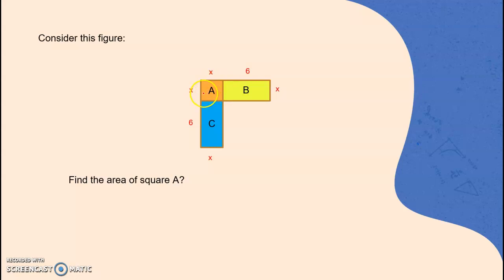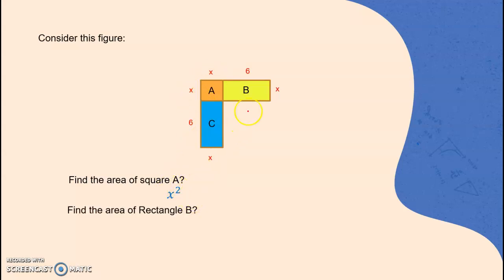Diba kapag area ng square, you're just going to square the side. So, basically, yung area niya is x squared, right? Because x times x is equal to x squared.